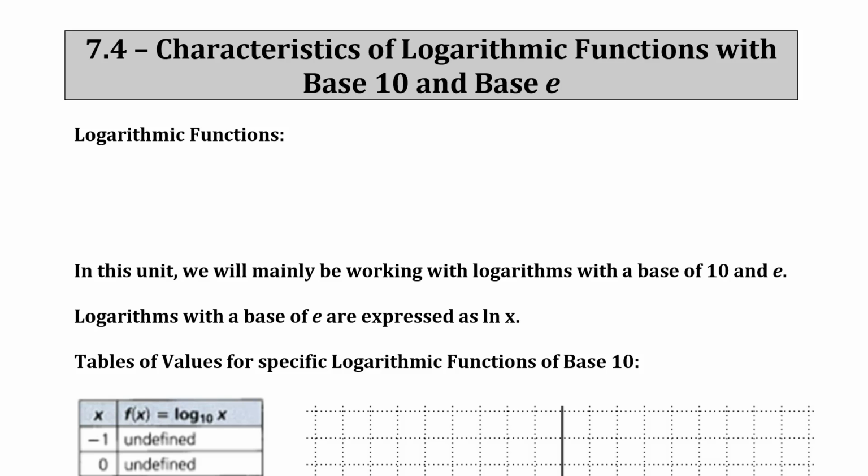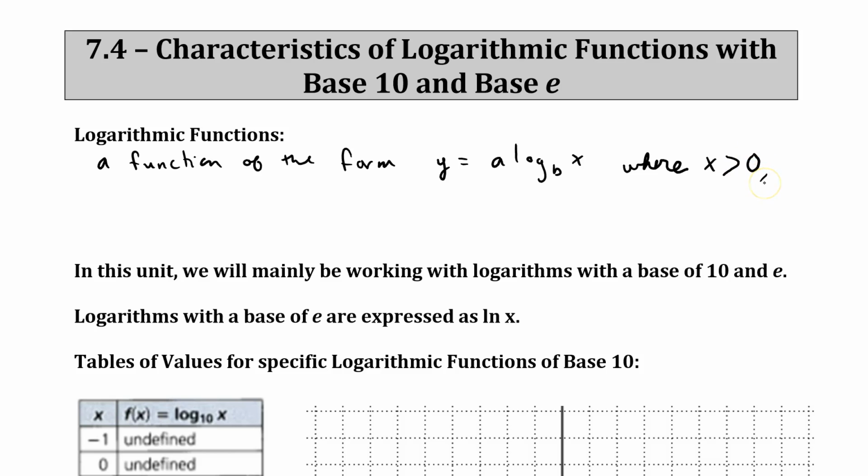Now, a logarithmic function is a function of the form y equals a log base b x, where x must be greater than 0, b is also greater than 0, a cannot equal 0, and b cannot equal 1.